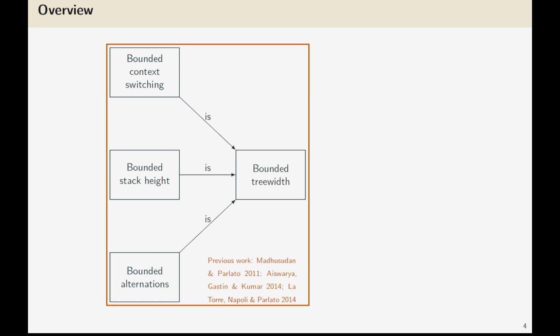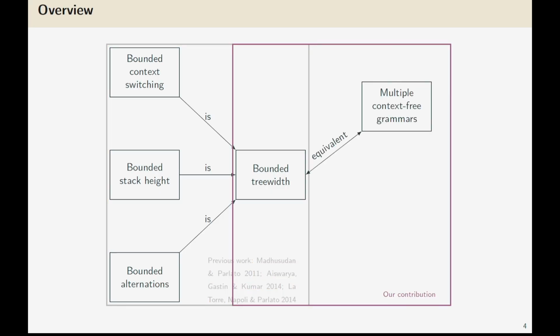There's a sequence of results from the literature that tell us these are all equivalent to a model called bounded Treewidth, which I will explain in just a bit. Our contribution is that we show this is equivalent to another model called multiple context-free grammars. We do this other translation because it's easier for our purposes to analyze. Then we show that if you have these multiple context-free grammars, you can find a succinct construction for the downward closure.